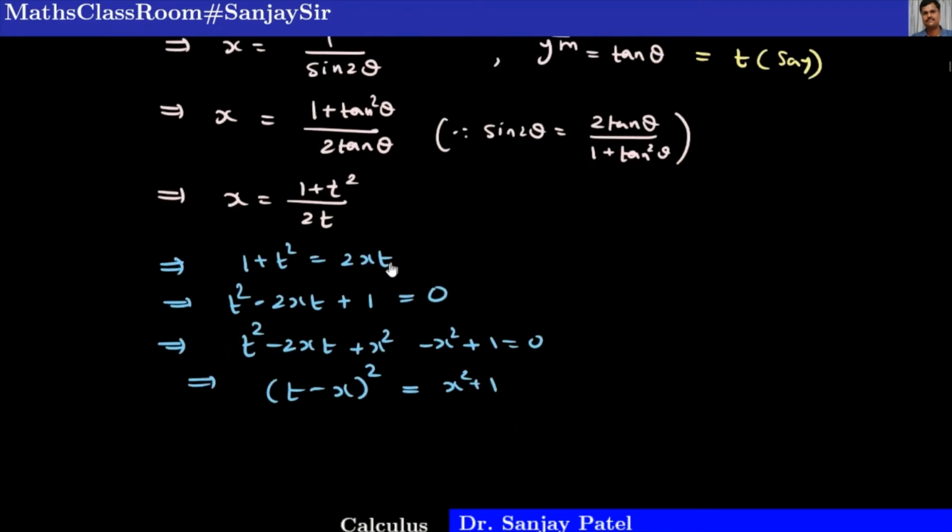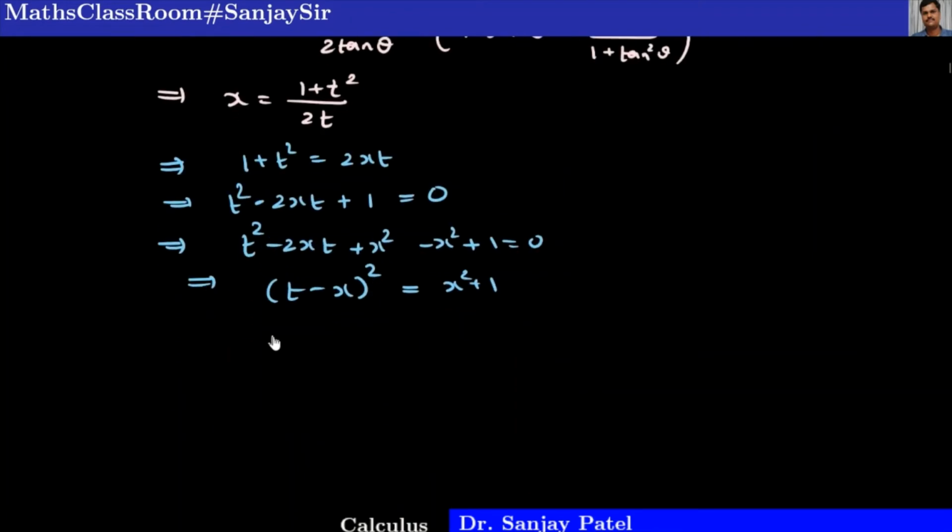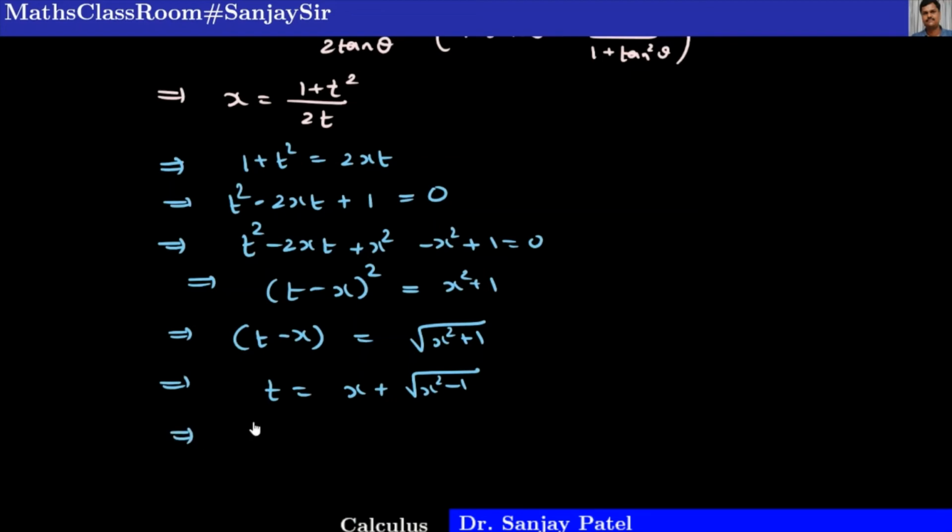Taking positive square root on both the sides, we get t minus x is equal to square root of x square minus 1. And that gives me t is equal to x plus square root of x square minus 1. What is t? t was y raised to 1 upon m.